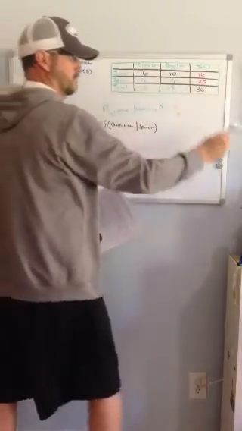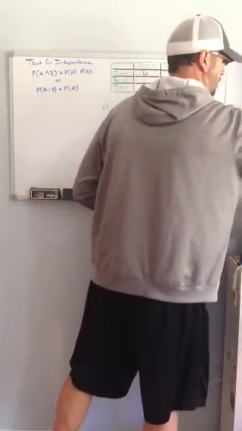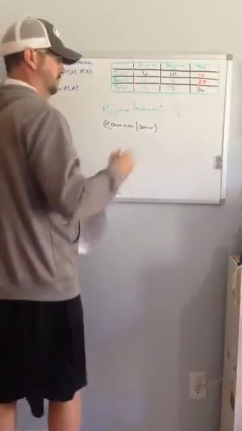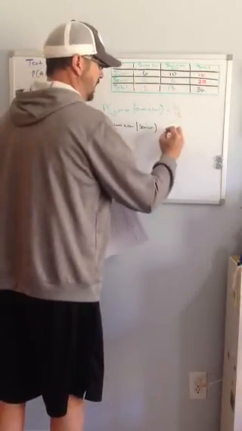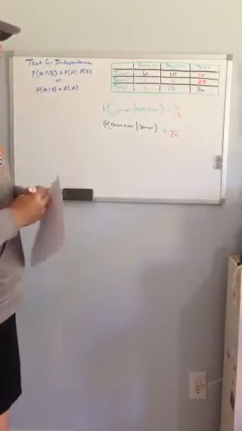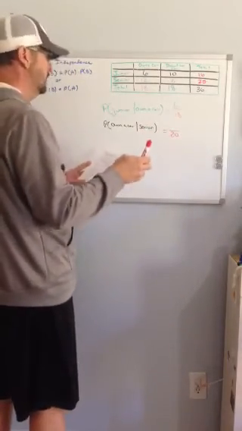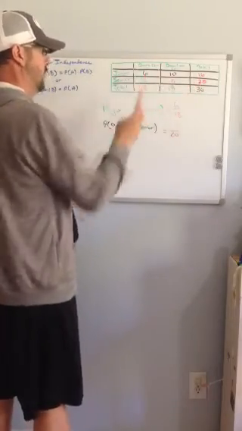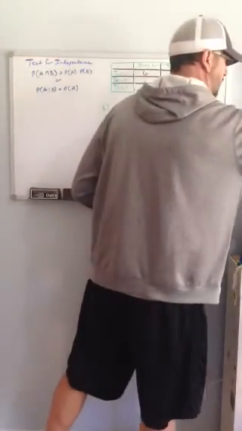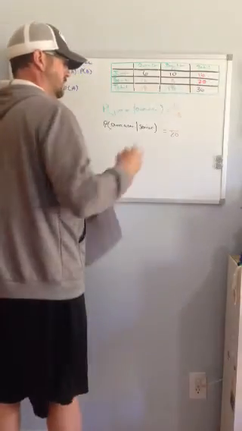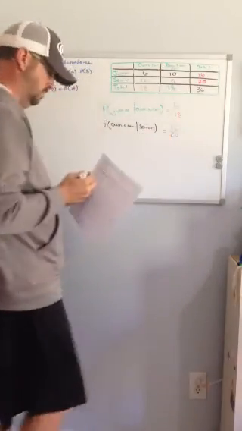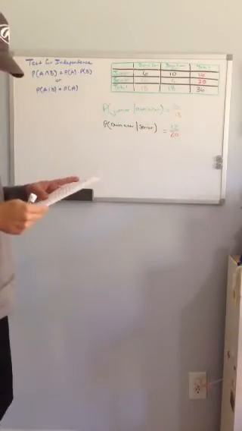I'm only looking at those in red here, our 20 people. So out of those 20, how many of them own a car? So 12 of them. 12 of those seniors own a car.